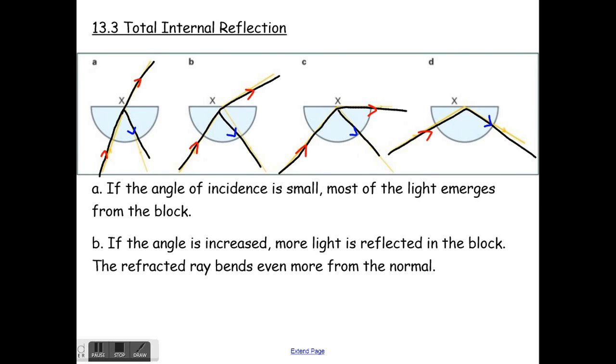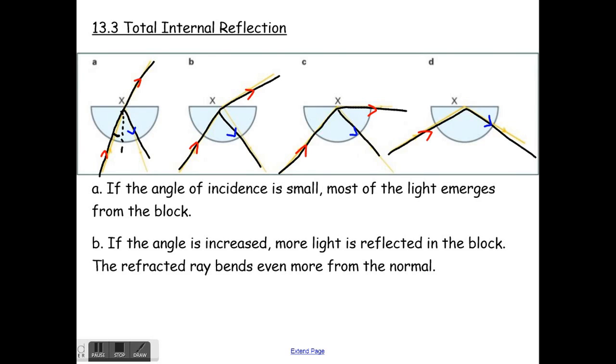So, for picture A, the angle of incidence is small. Remember, the angle of incidence is measured from the normal. So it's measured if I were to draw a straight line right here. So this is our angle of incidence right there. The angle of incidence is small, so most of the light leaves the block. Most of the light is refracted.